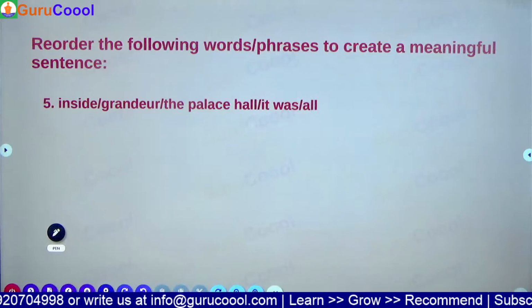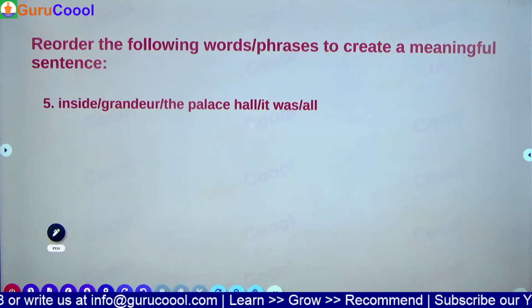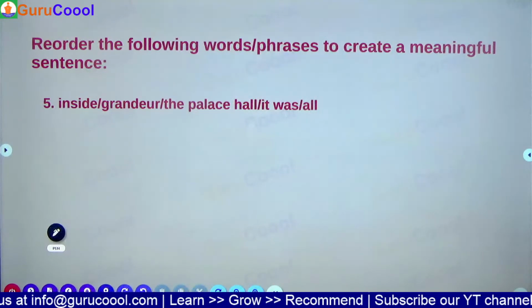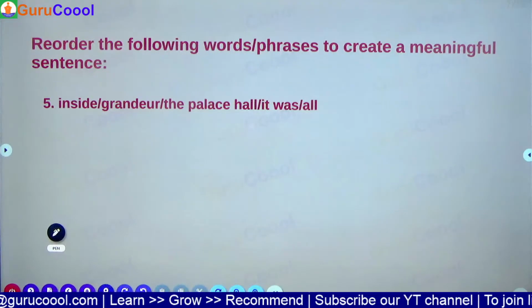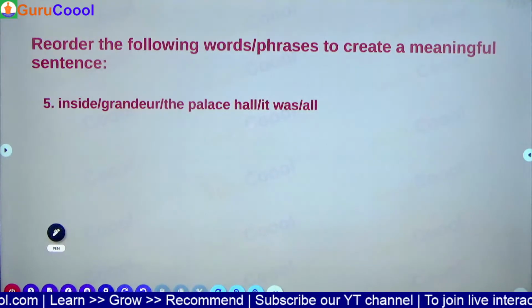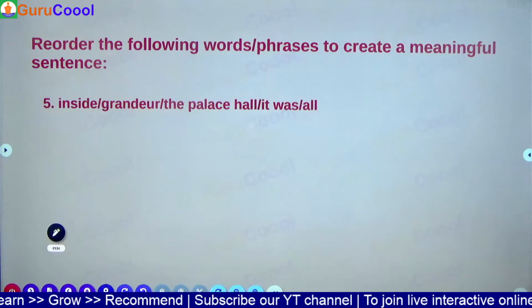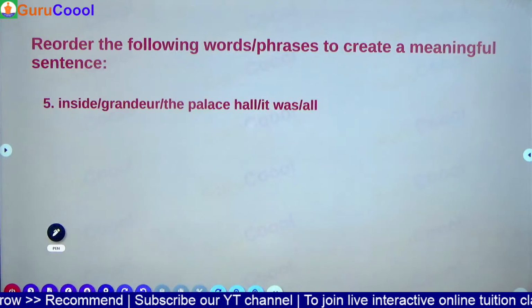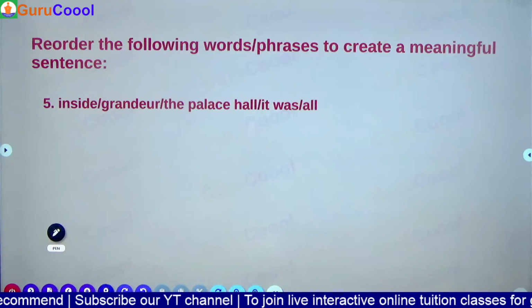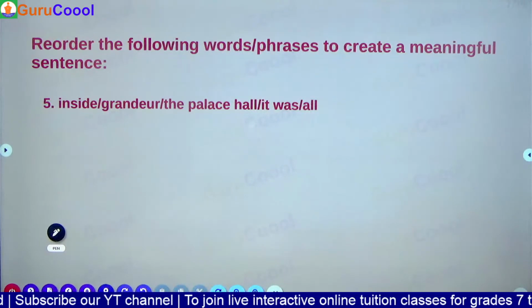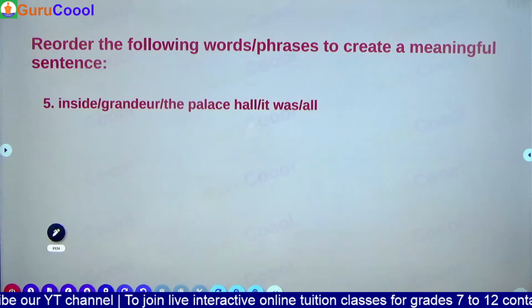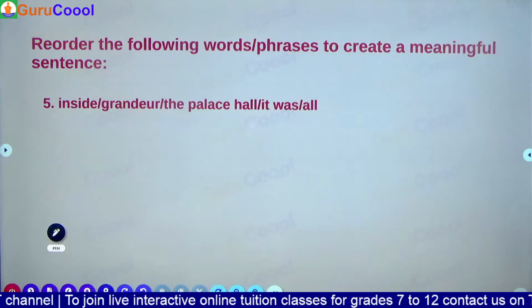Yes, sir. Inside the palace hall, it was all grandeur. Pragyansh. Inside the palace, it was all grandeur. Okay.